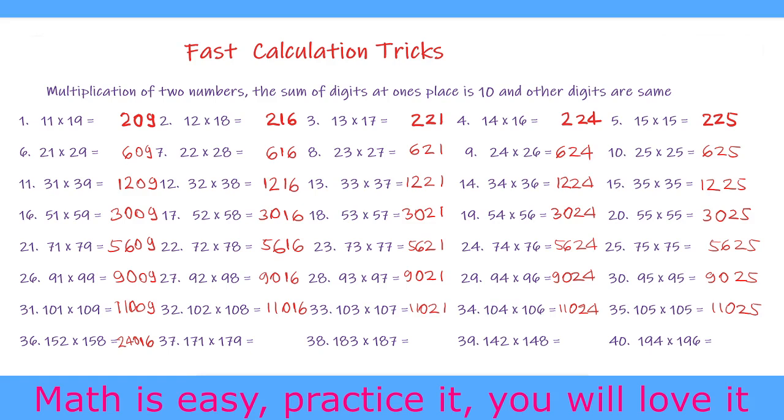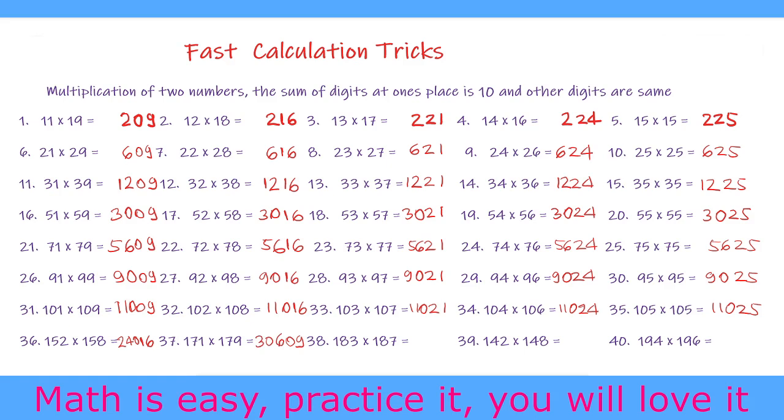So 1 times 9 is 09 and 17 times next higher number 18. 18 multiplied by 17 is 306. So our multiplication of 171 multiplied by 179 is 30,609.